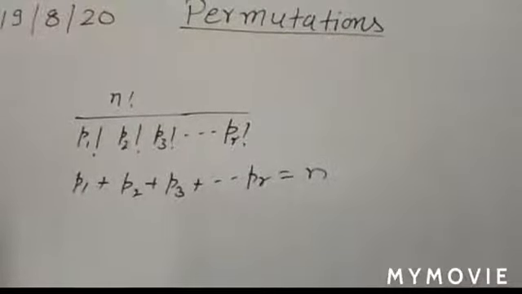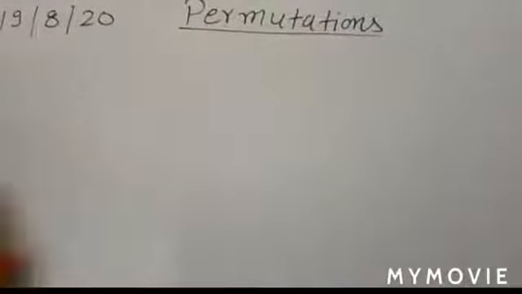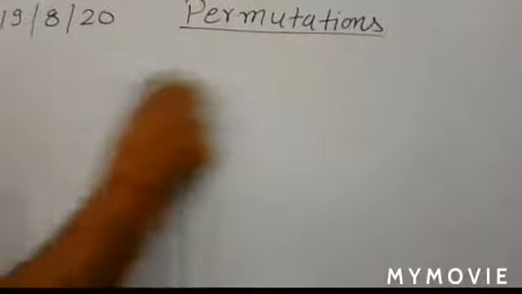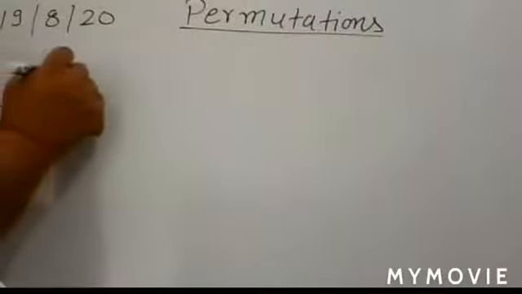Now let us solve questions based on this so the concept is clearer. Write your question: How many different words can be formed with the letters of the word Mississippi?